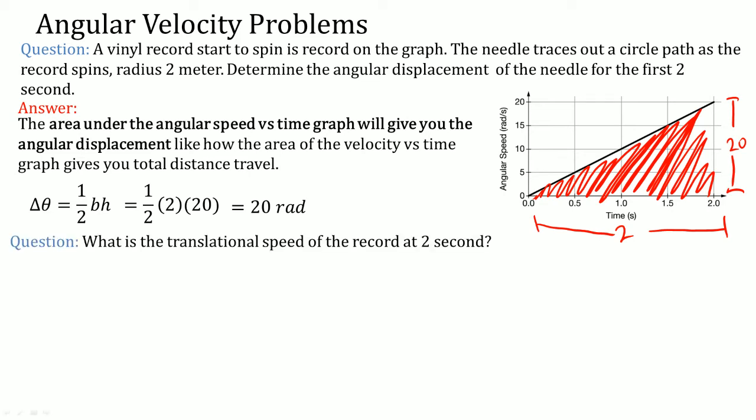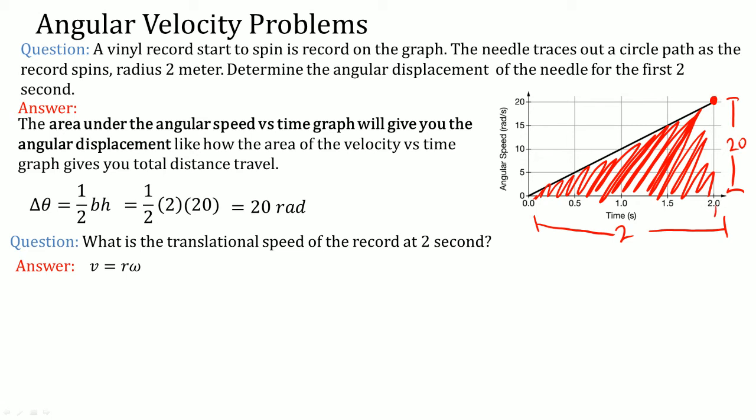Next question. What is the translational speed of the record at 2 seconds? Well, we know the formula for velocity is the radius times the angular velocity. And we want to know what the speed is at 2 seconds. So it's right here.